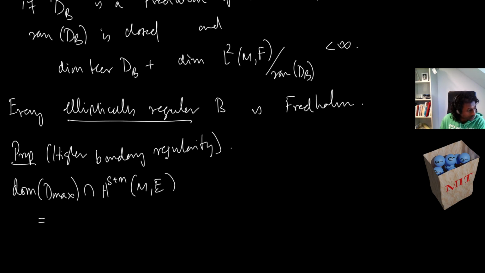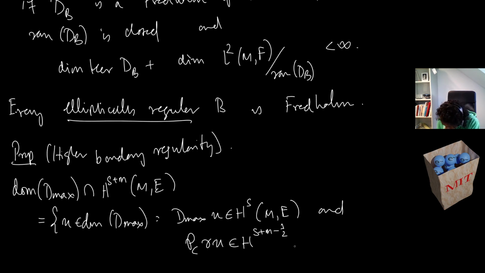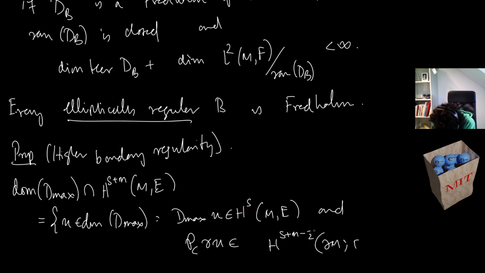And these are precisely going to be the u in the domain of D max, obviously, such that D max of u is in H^s(M; E), and the Calderon projector of the gamma of this u is in H^{s+m-1/2-j}, j equal to 0 to m minus 1, on the boundary of E.